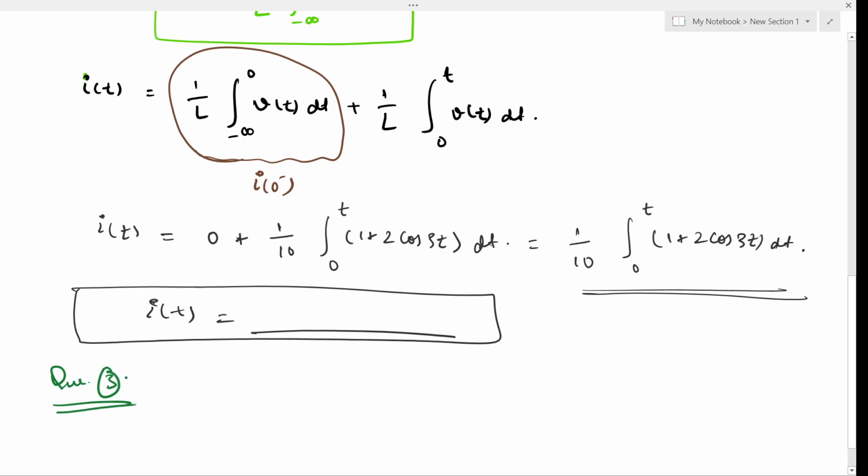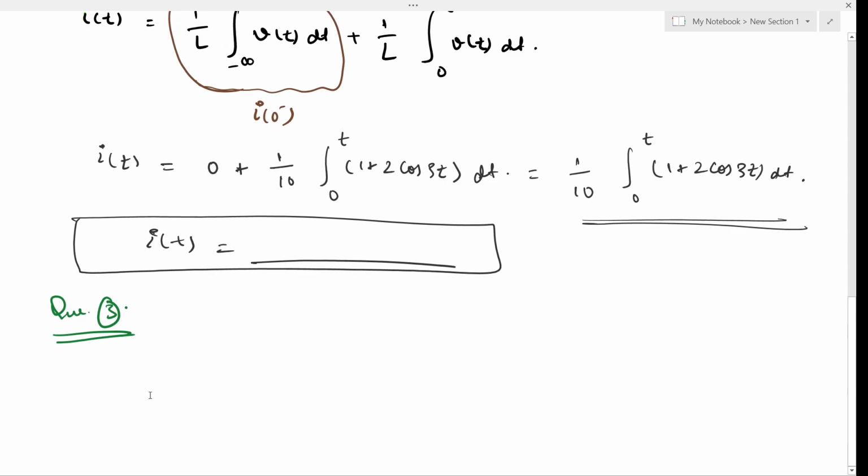All these problems you need to solve in your assignment copies. Now in this problem the same inductor is there, the voltage across this inductor is v of t equals 1 plus 2 cos 3t, and the current flowing through the inductor is i of t.